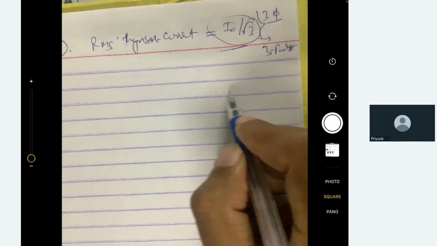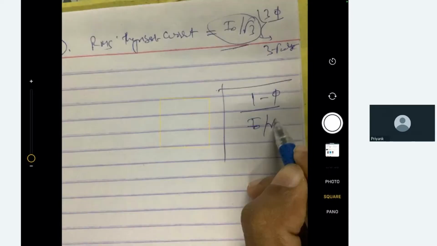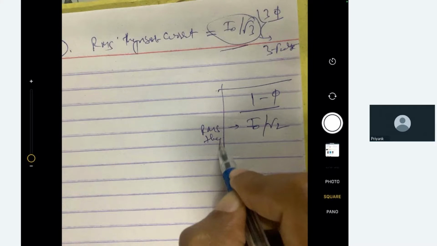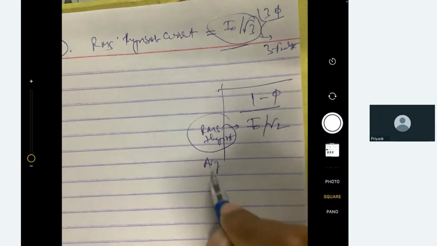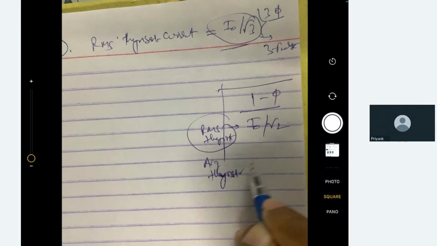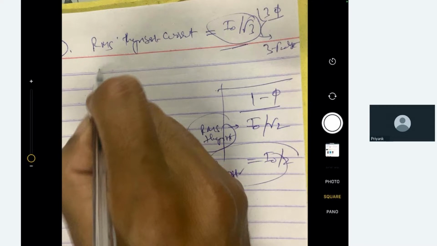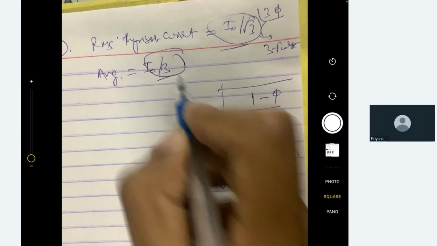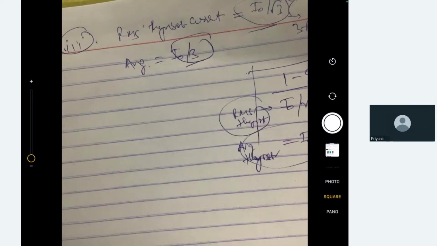For one phase it is I0 upon under root 2. Average value of thyristor current: we have I0 upon 2 for single phase, and here in this case the average value becomes I0 upon 3. So if we can remember it, we can get the third question.